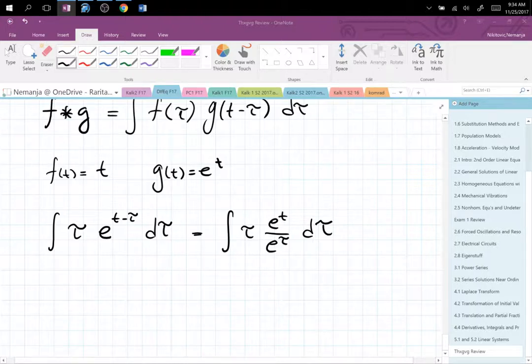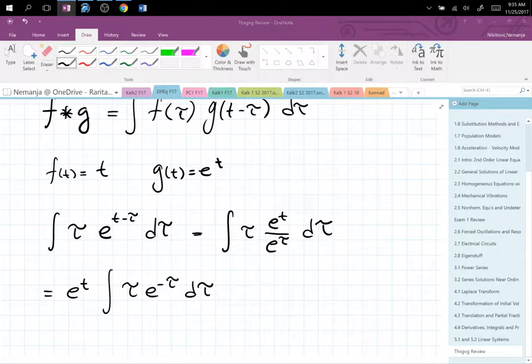The integral doesn't care about e to the t at all. That's a constant. So we kick e to the t outside, and you're left with tau e to the negative tau d tau as something that you have to compute. So now you will use integration by parts.